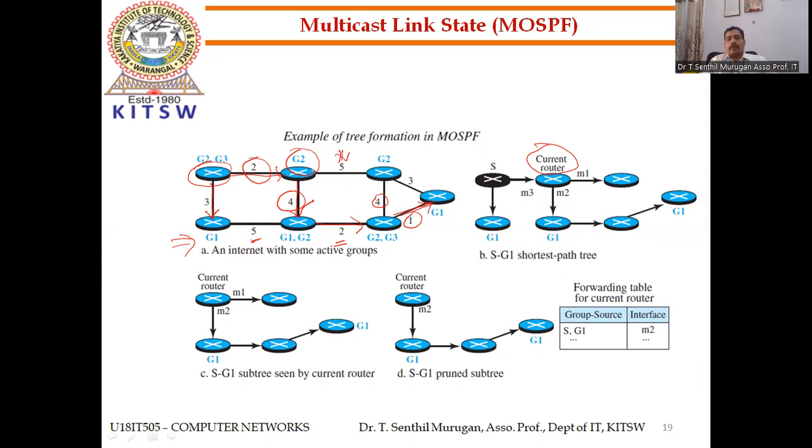Finally, the link will be connected here. This is the SG1 shortest path, and then the SG1 subtree is seen by the current router. From the current router, the remaining routers will send the information from source to destination.